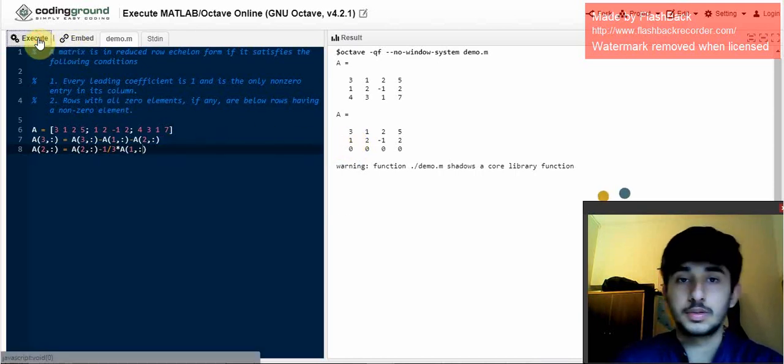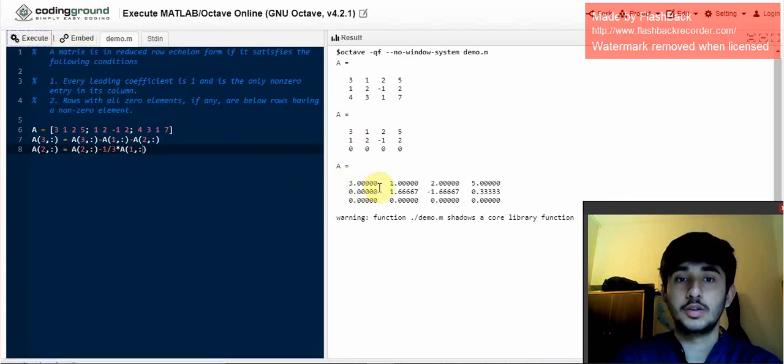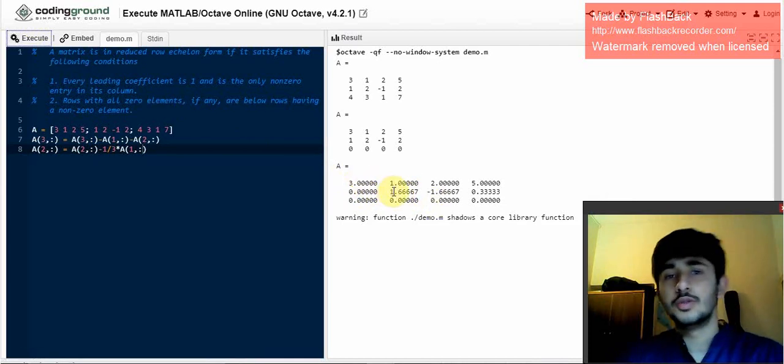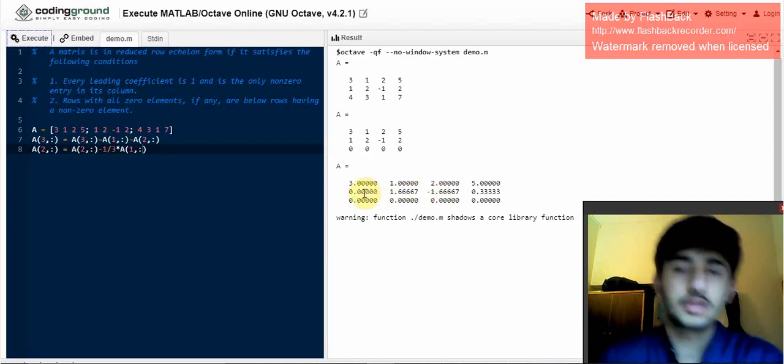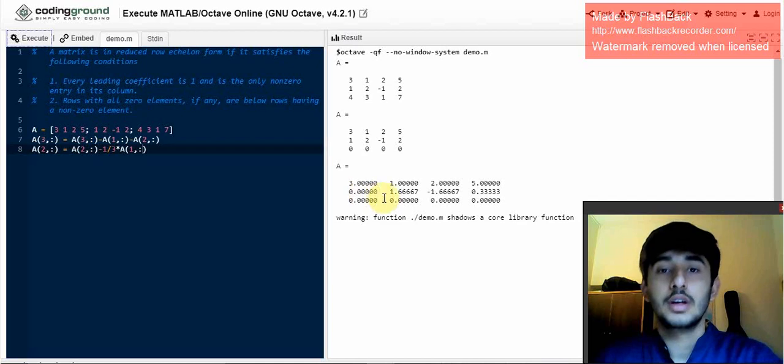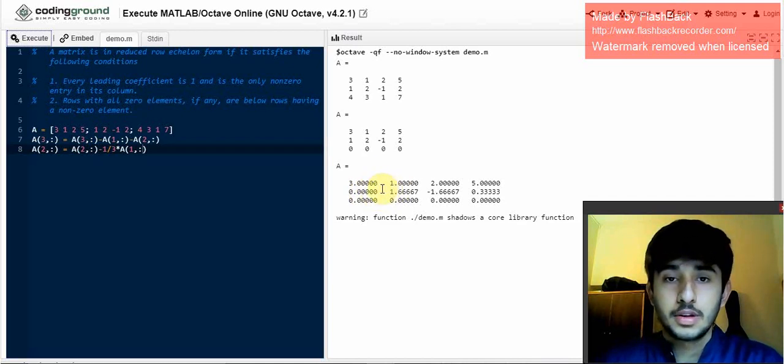Let's execute and see what happens. Okay, so we get a 0 over here, and these might seem huge, daunting numbers, but don't worry, they're just fractions like 5 by 3, so nothing to worry about. That'll get sorted out.